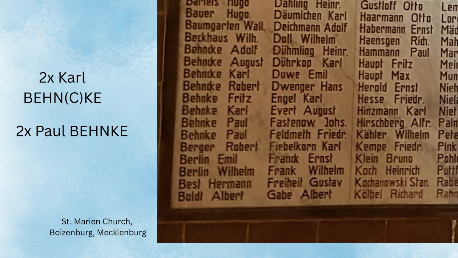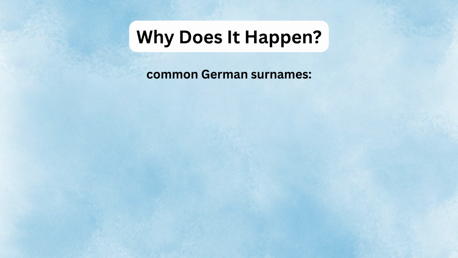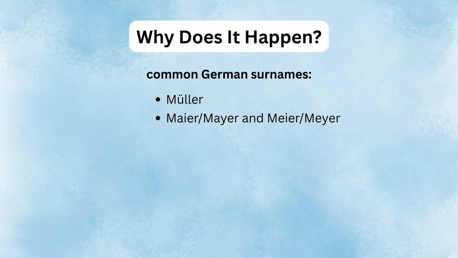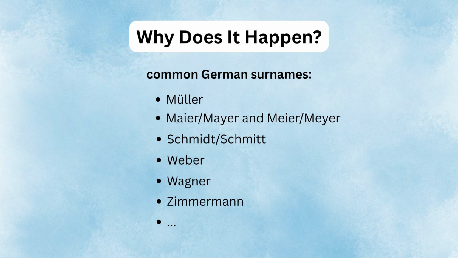That's what I meant when I said that many families used the same first names again and again. And German surnames, such as Müller, Meyer, Schmidt, Weber, Wagner, Zimmermann, and many, many more, are so common that you can actually find them everywhere.